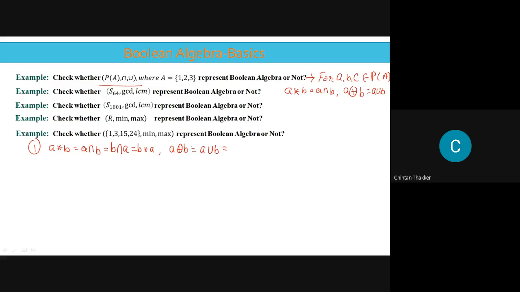So A union B is always equal to B union A. So it is B ring sum A. Okay, it is always B ring sum A. So the commutative property is satisfied.